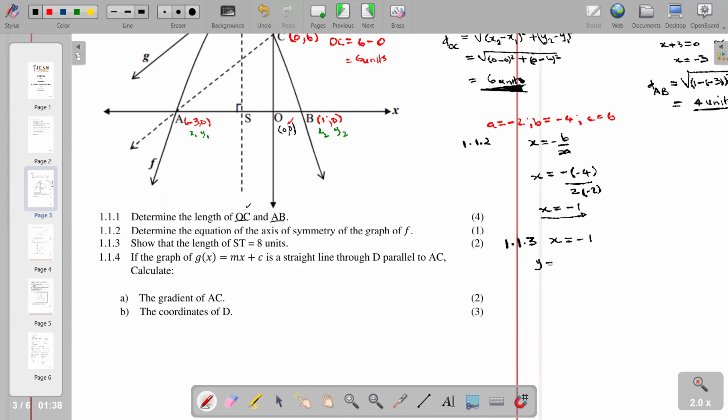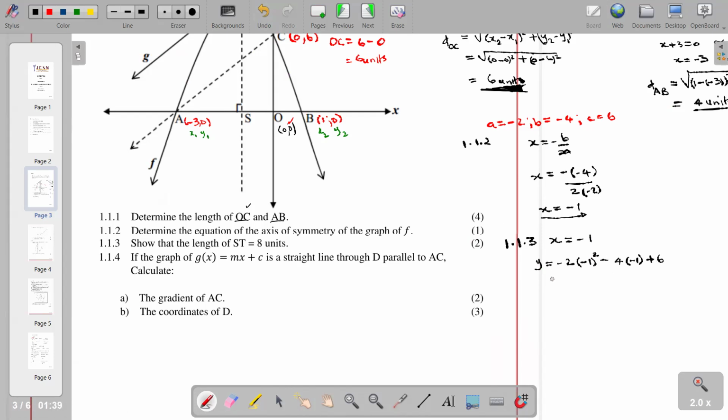So y will be equal to negative 2 times x squared, where x is negative 1 squared, minus 4x, where x is negative 1, plus c, which is 6.